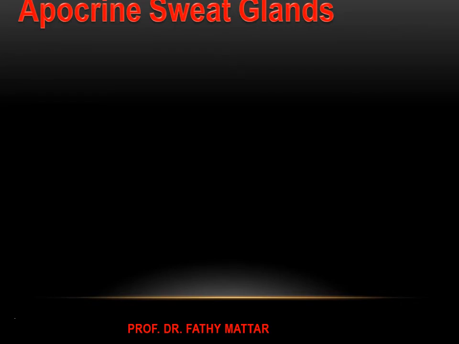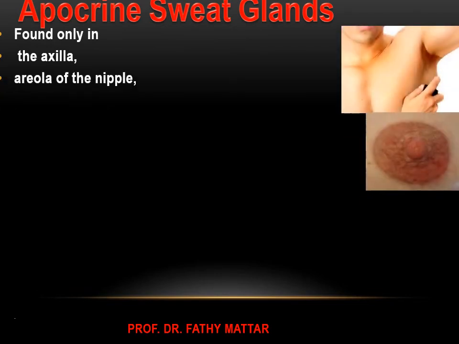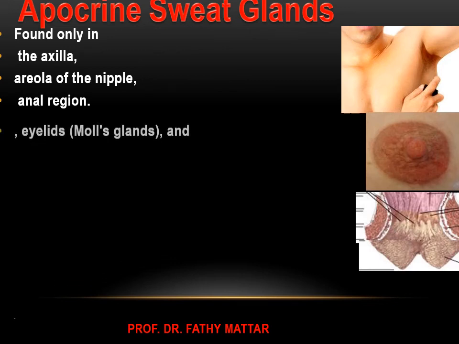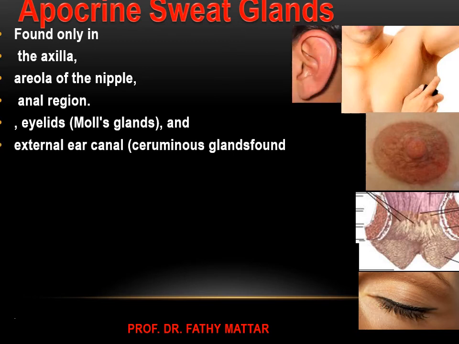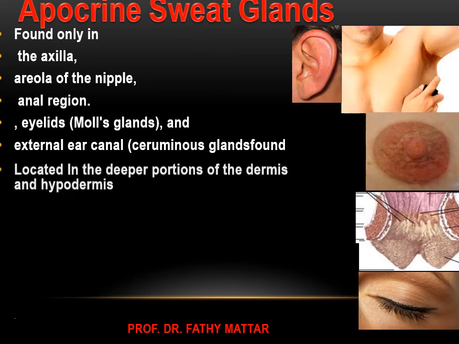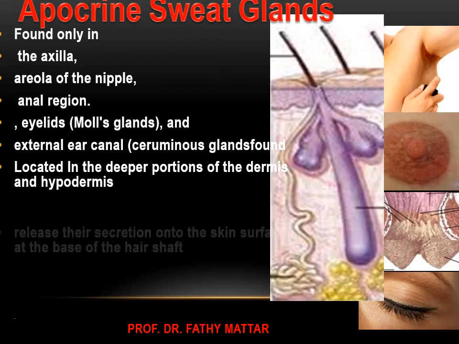The apocrine sweat glands. They are found only in the axilla, in the areola of the nipple, in the anal region, in the eyelids as Moll's glands, and in the external ear canal as ceruminous glands. They are located deeper than the eccrine glands, in deep portions of the dermis and hypodermis.